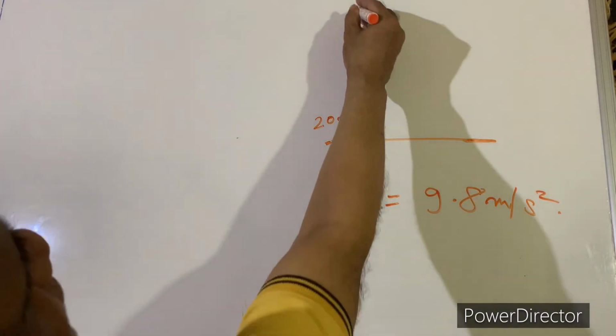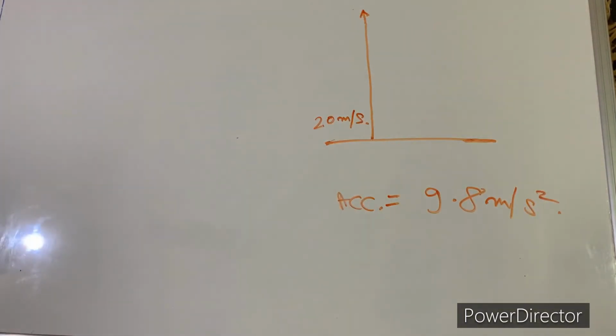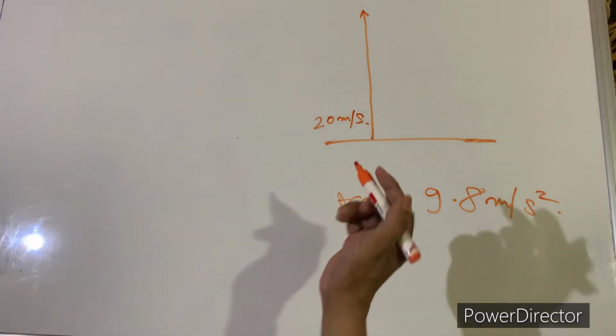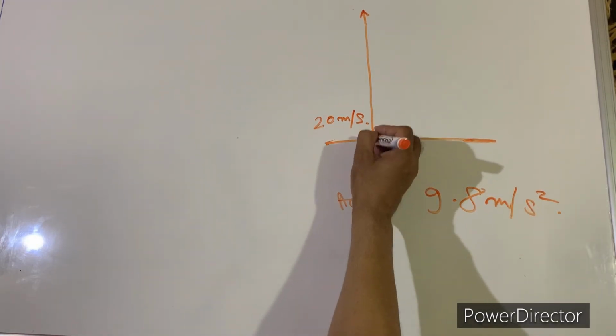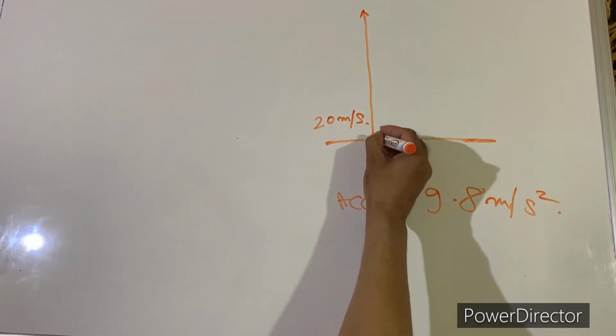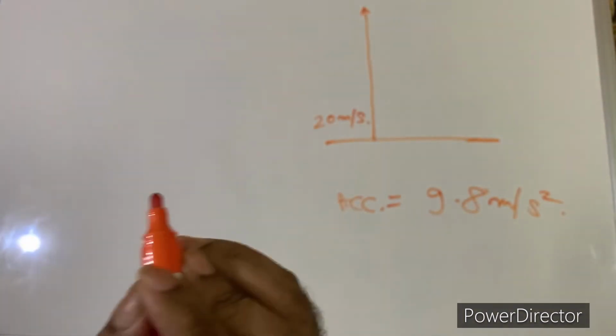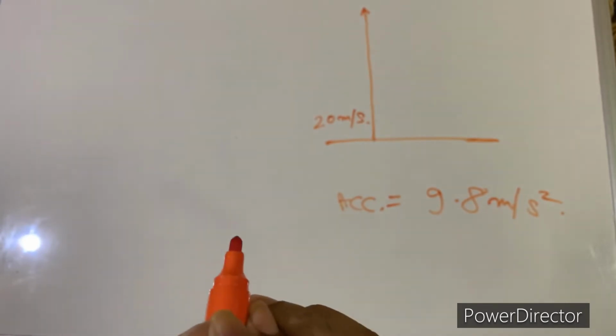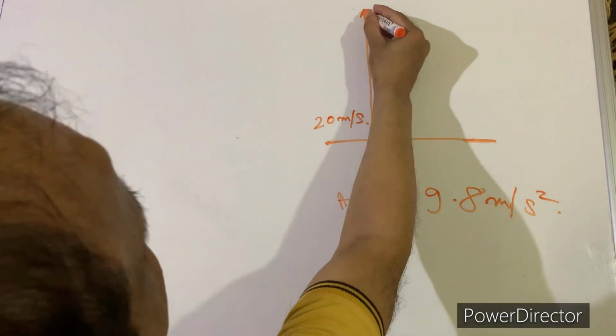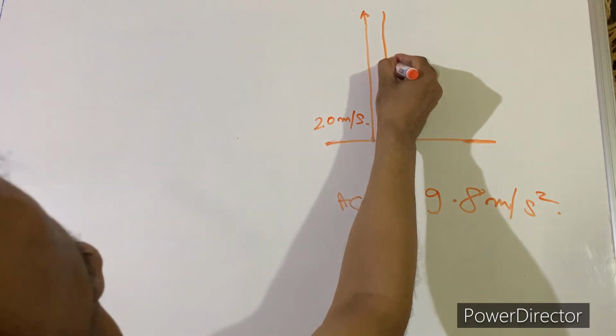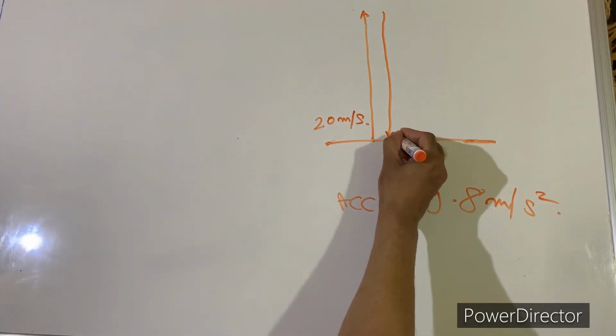When the body is going up, the acceleration due to gravity of the Earth will act on it, and hence its velocity will constantly decrease as it goes up. When the stone has reached its highest point, its velocity will for a moment become 0 and then it will start falling down again towards the Earth's surface.